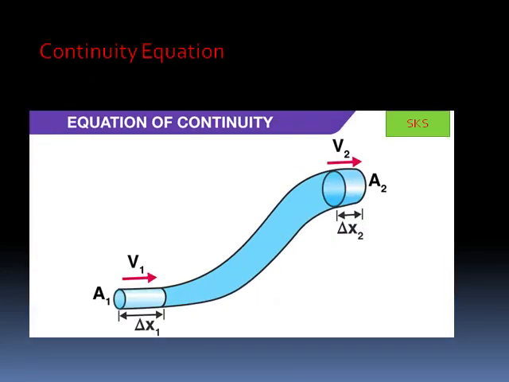Now see the continuity equation. What is this? In simple language, the continuity equation states that if a liquid is passing through a pipe in steady uniform flow, then the flow rate Q will be equal at all cross sections.